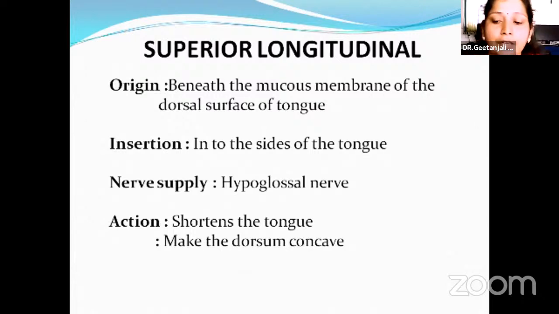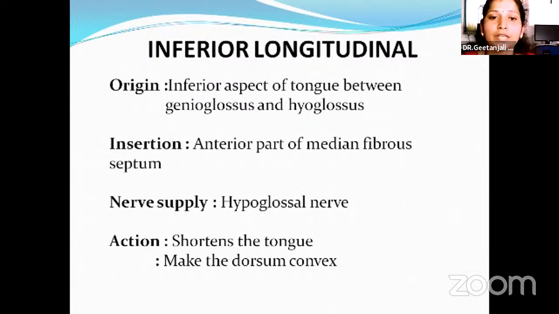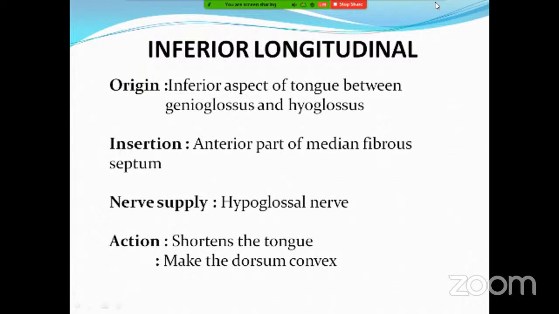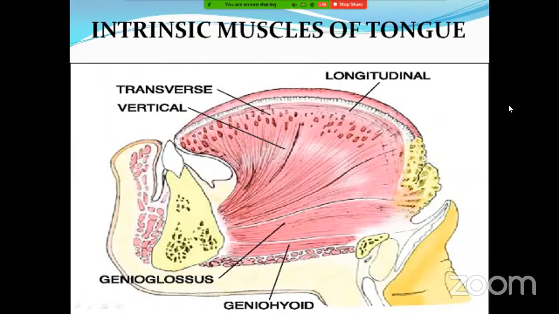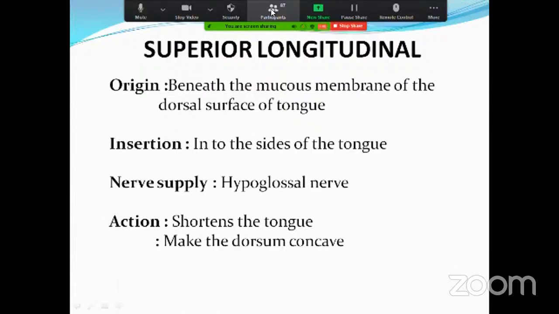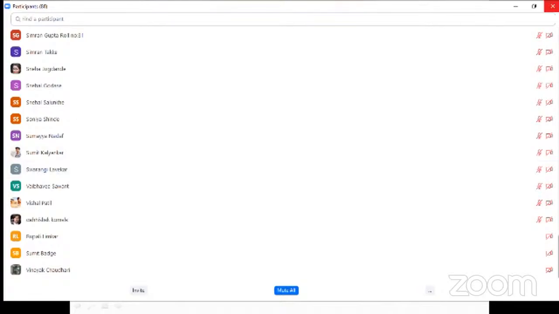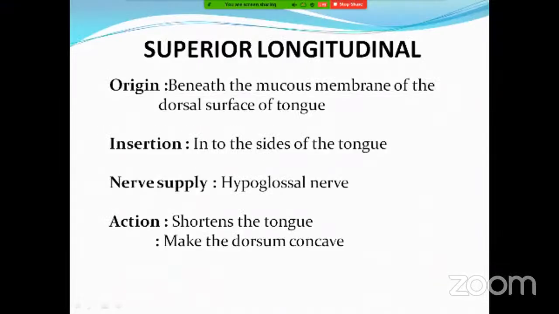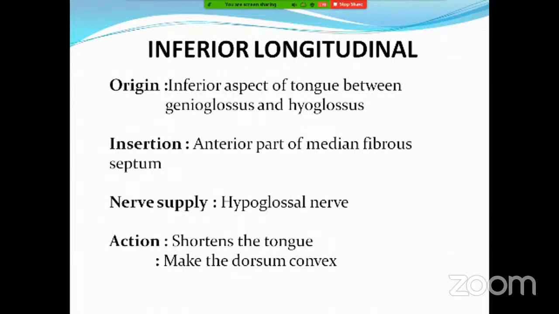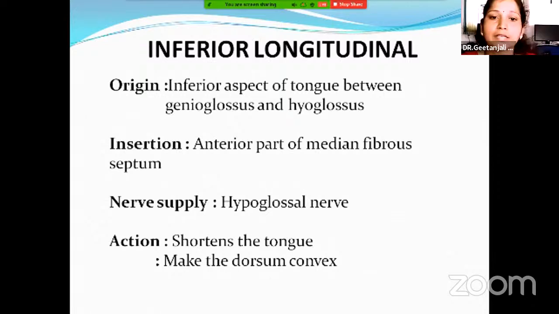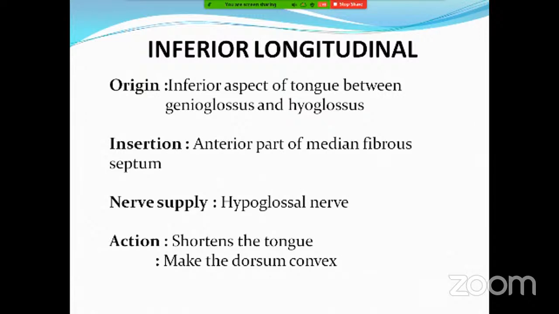Next is inferior longitudinal muscle. Inferior longitudinal muscle origin from inferior aspect of the tongue between the genioglossus and hyoglossus and insertion into the anterior part of medial fibrous septum.